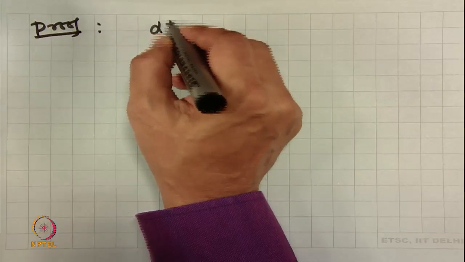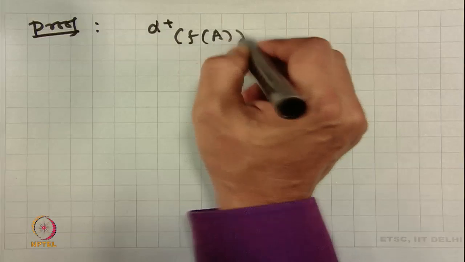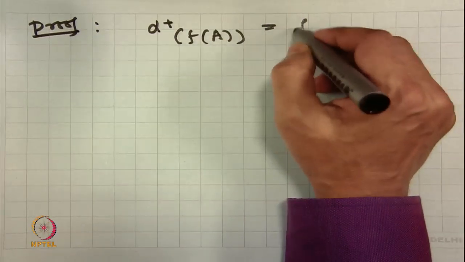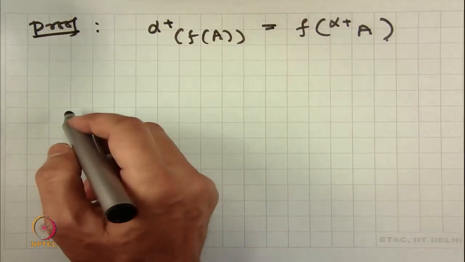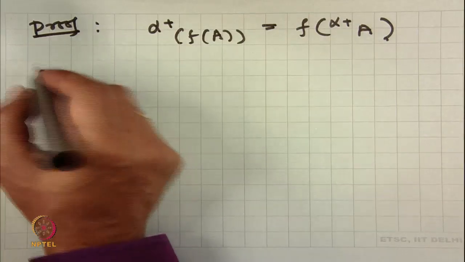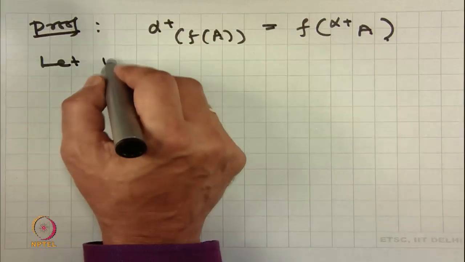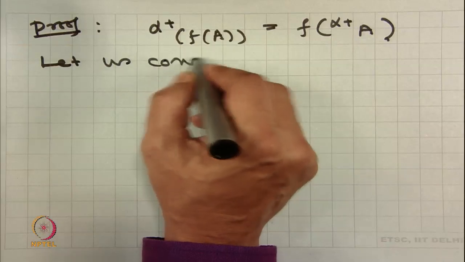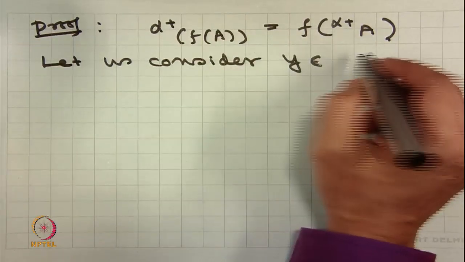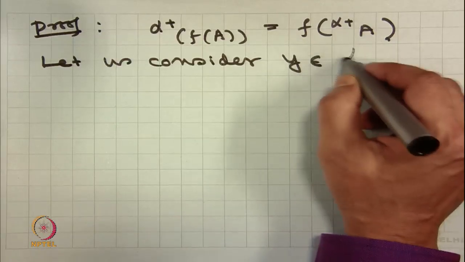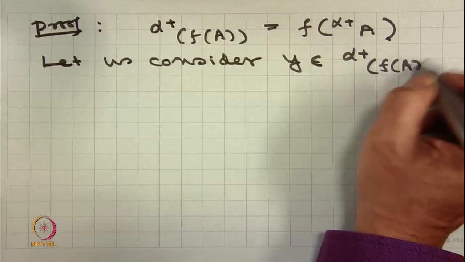Alpha plus cut of f(A) is equal to f of alpha plus cut of A. Let us consider y belonging to alpha plus cut of f(A).